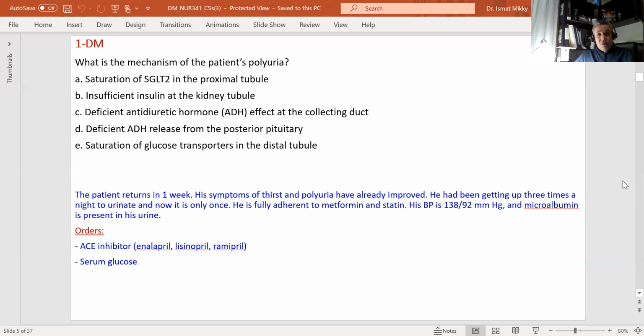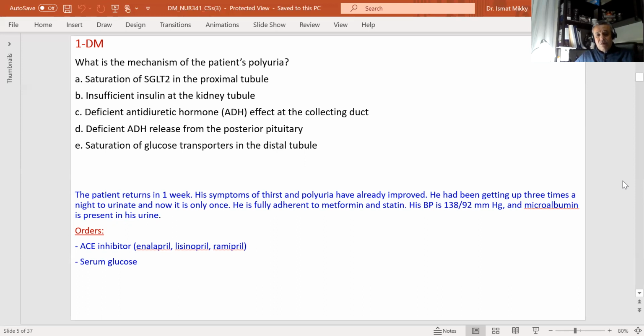So that's the threshold for these tubules to not allow leakage of glucose into the urine, until the glucose is higher than 180 or 200.